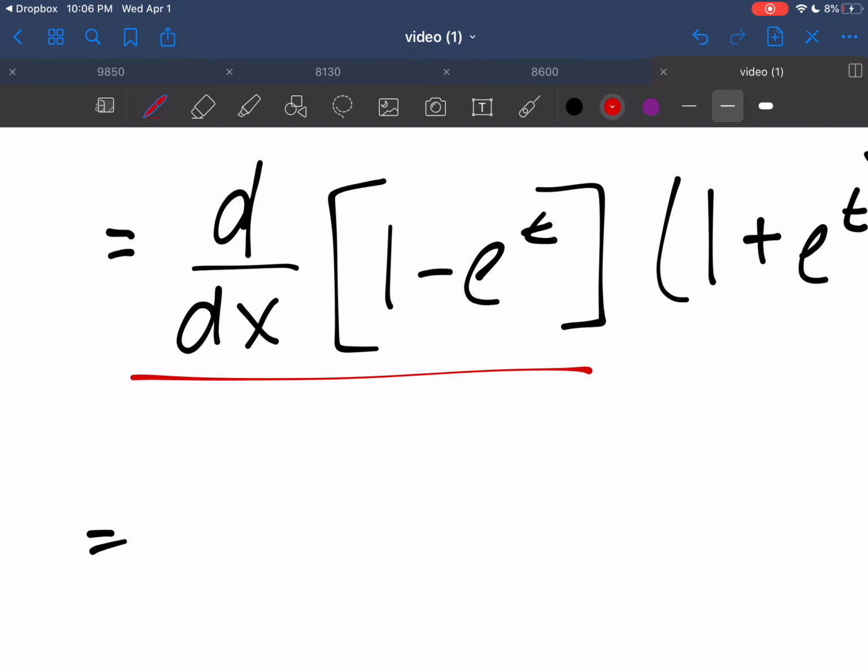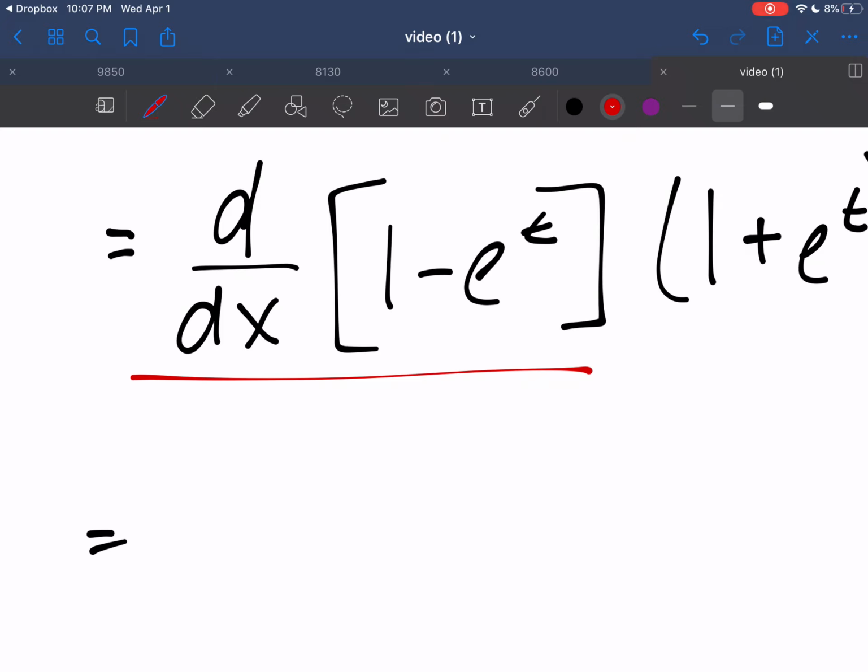So again, this is a difference of two functions. Derivative of 1, 1's a constant, so that's 0. Then it's just the derivative of negative e to the t.